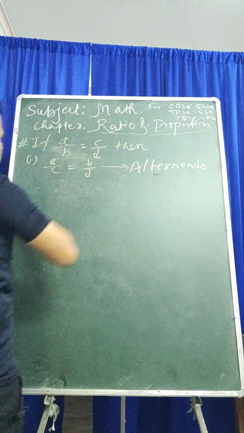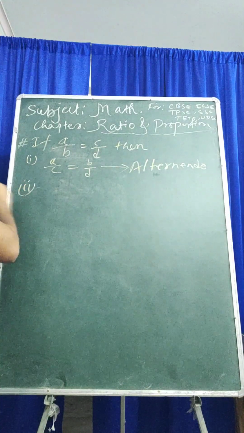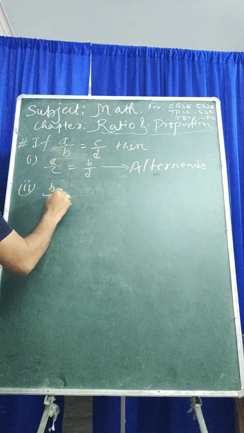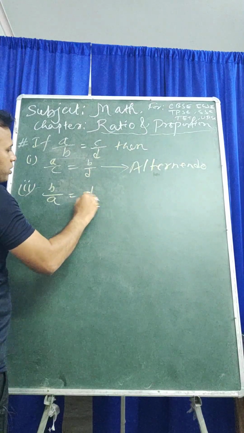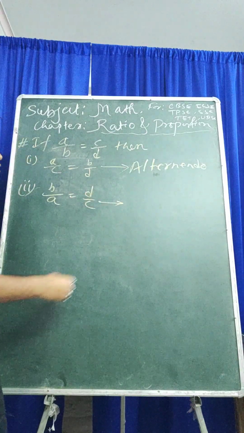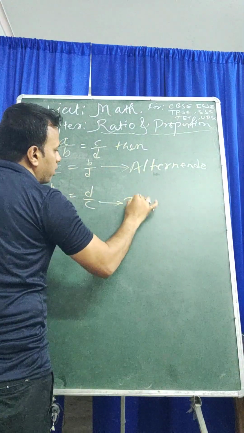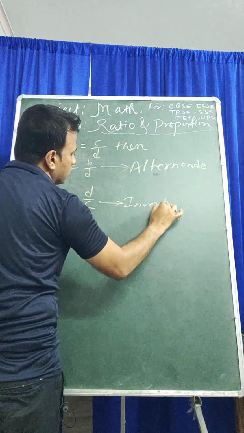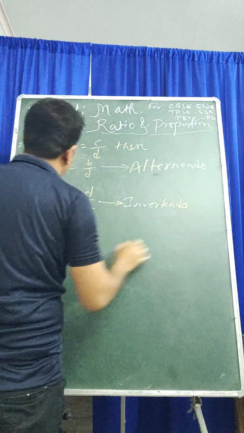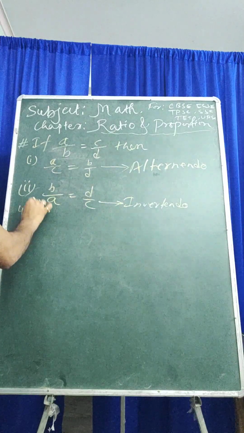Number two formula is B by A equal to D by C, by inverted rule.